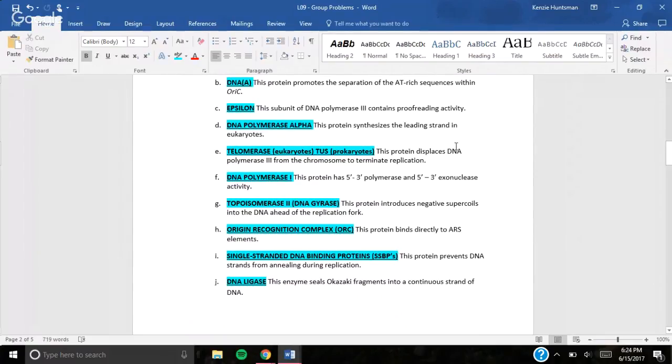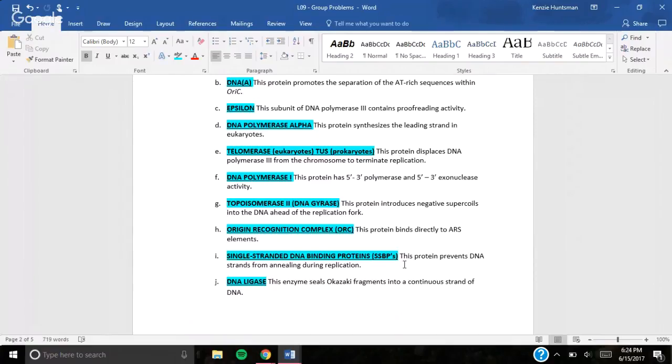For E, telomerase, we were a little confused on this one, so we found telomerase in eukaryotes is the protein that displaces DNA polymerase 3 from the chromosome to terminate replication, and then TUS in prokaryotes. So we weren't sure exactly which answer we were looking for there.